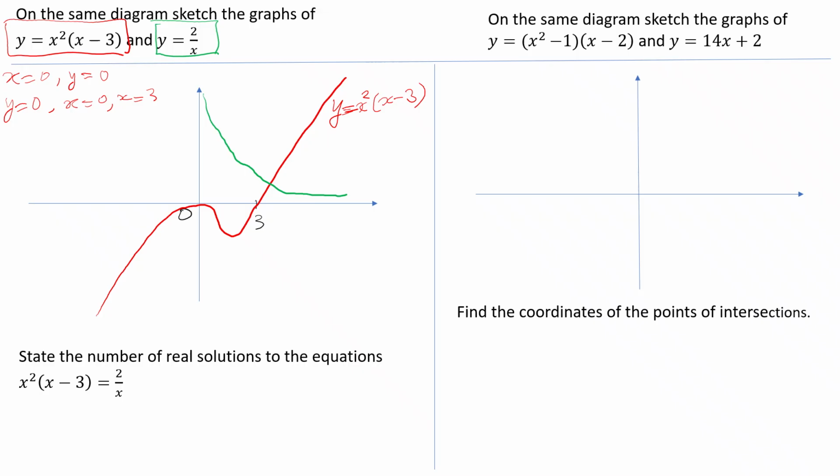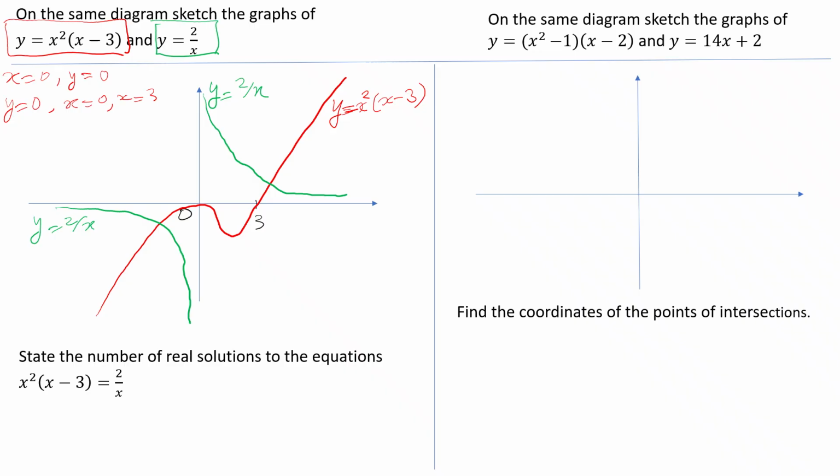When x is negative, y is also negative. The graph comes like this. So label this one: y equals 2 over x.